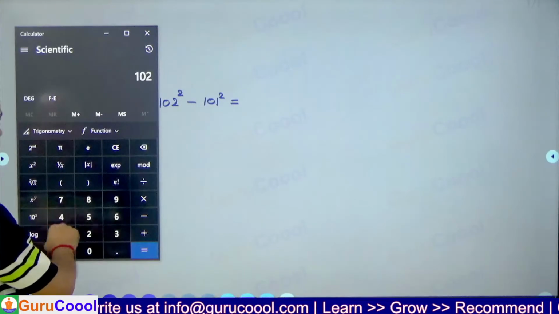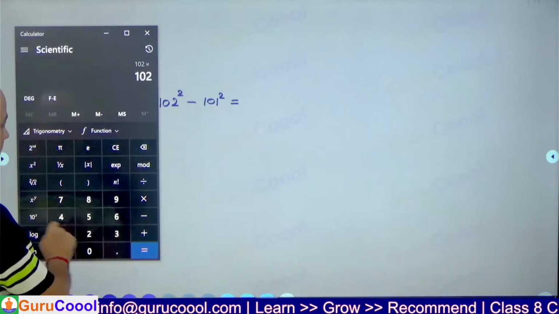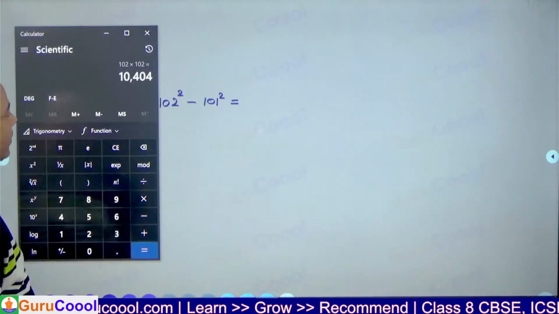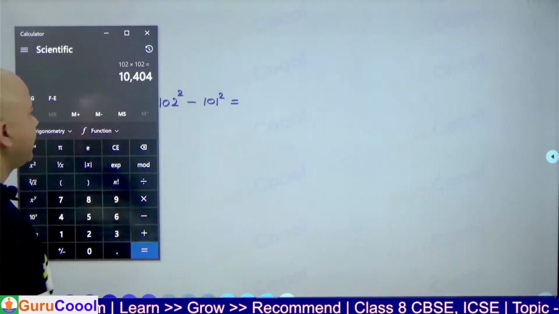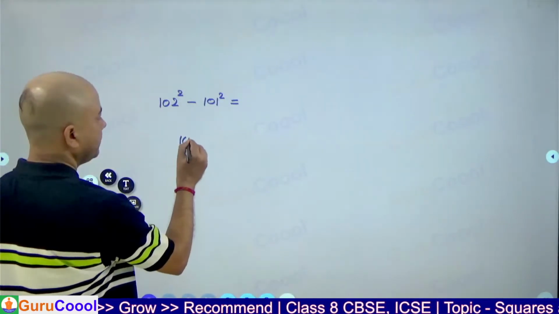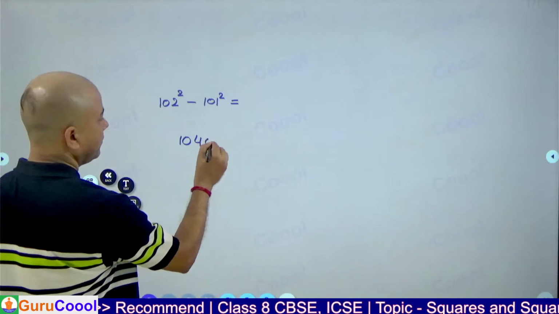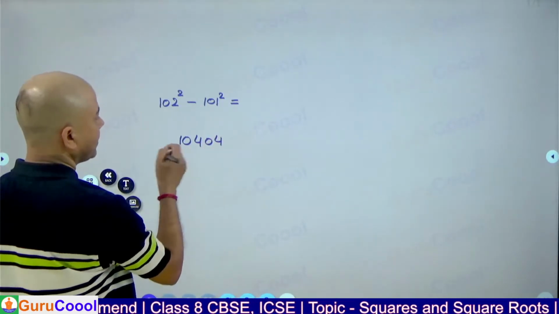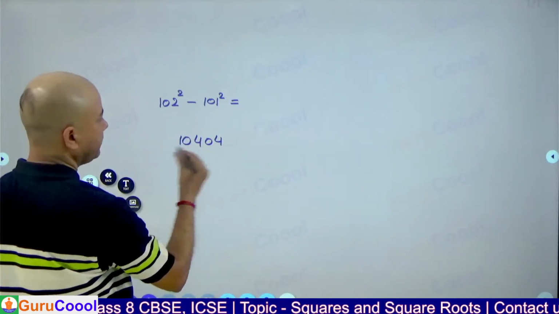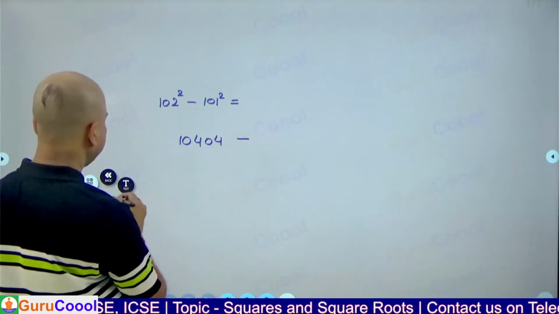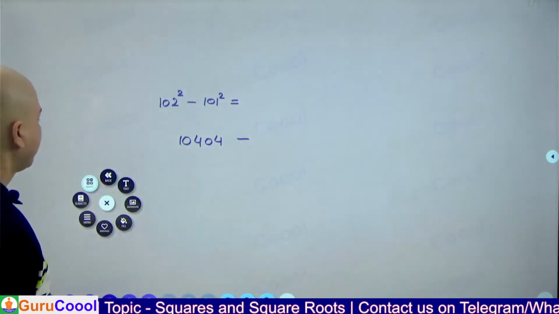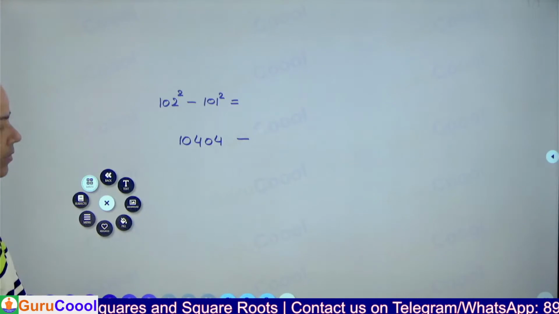102 times 102 is 10,404. This is 102 square, right? Yes, sir.